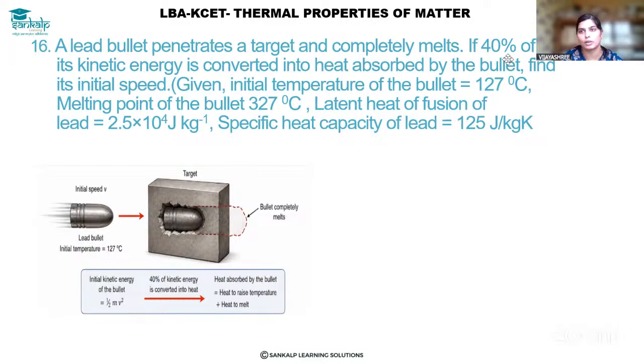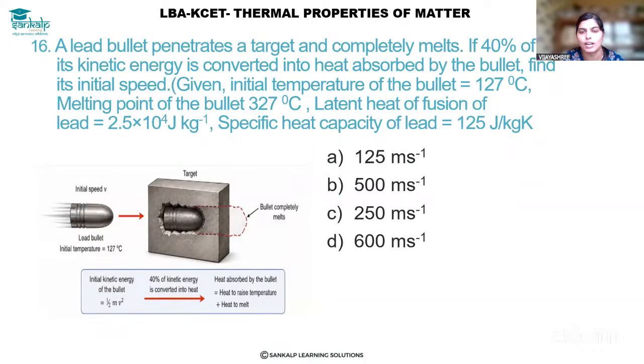Its initial speed. Let us see the options. Option A 125 meter per second, option B 500 meter per second, option C 250 meter per second and option D 600 meter per second.